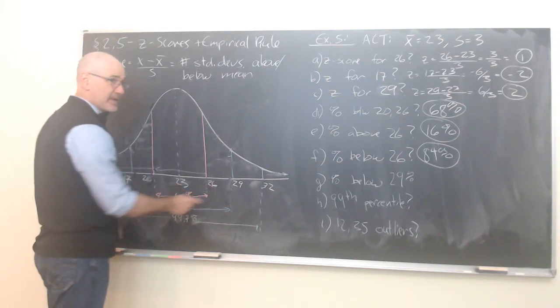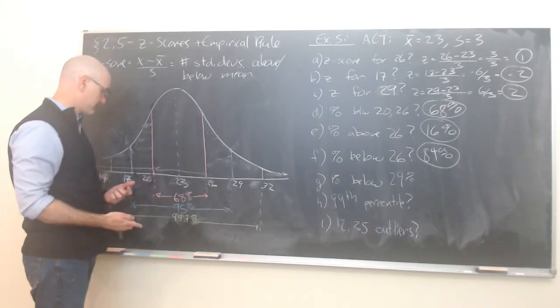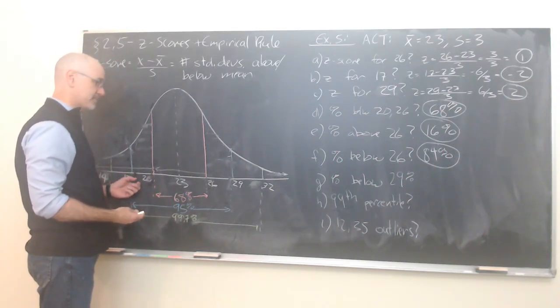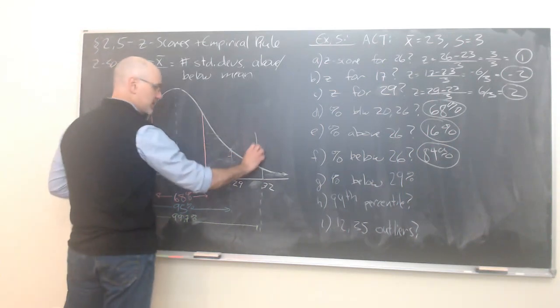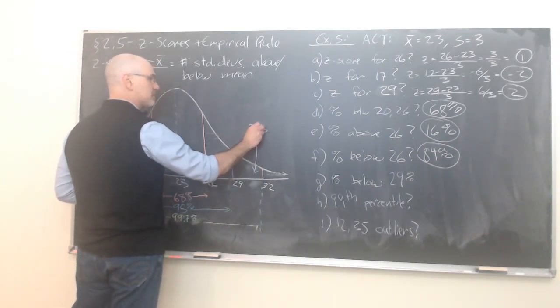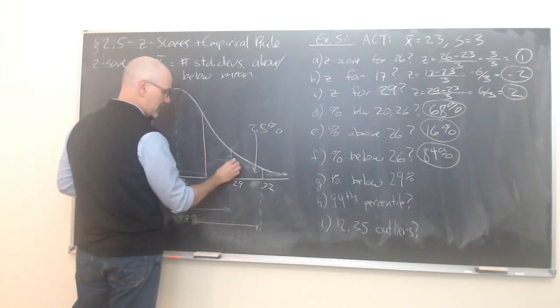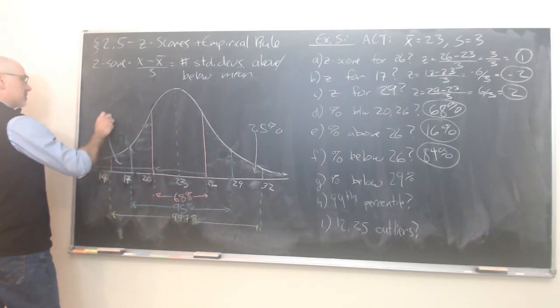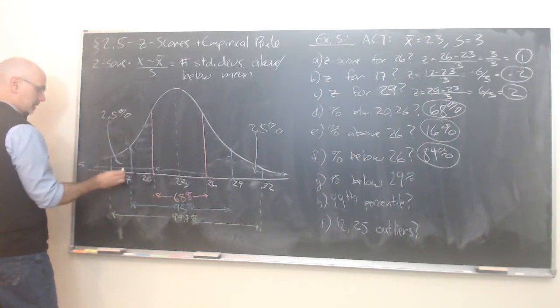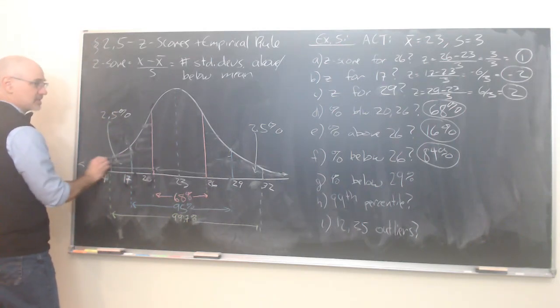So that means 5% of the data is not in that middle. But that 5% is equally split on the two sides. So we should get 2.5% is the area to the right of 29, and 2.5% is the area to the left of 17.